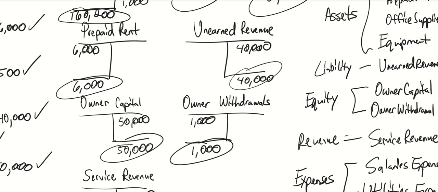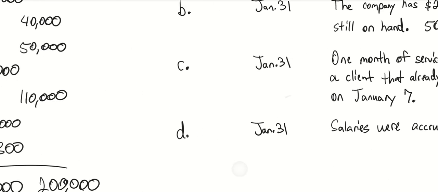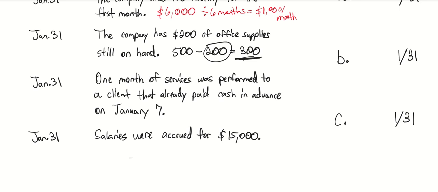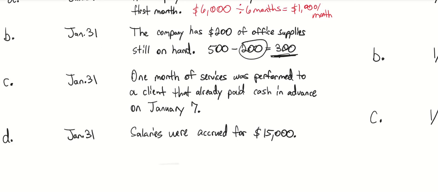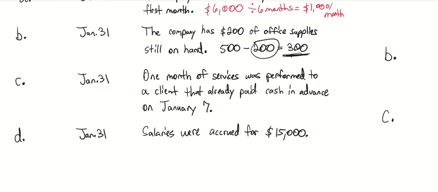So if we go back over here to the transaction, so transaction C says that 1 month of services was performed. So what we have to do now is figure out, okay, how much does 1 month of service worth? What needs to be recorded in the books to reflect that month of services that was performed? And so to do that, we're going to take 40,000.